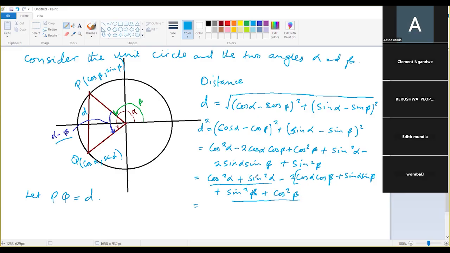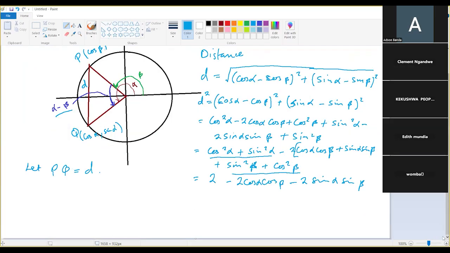So I'll just say this is 1 plus 1, which gives us 2. And then you have minus 2 cos alpha cos beta. And then, of course, minus 2 sine alpha sine beta. Okay, so this is what the distance formula gives us.